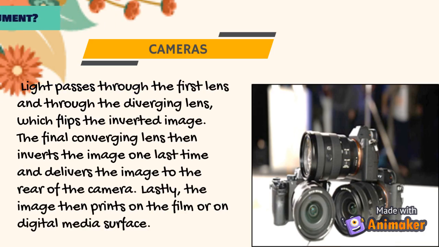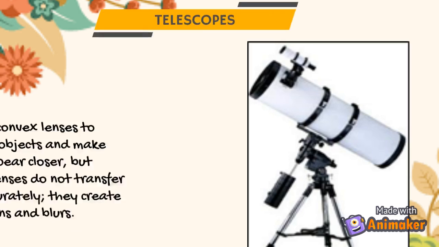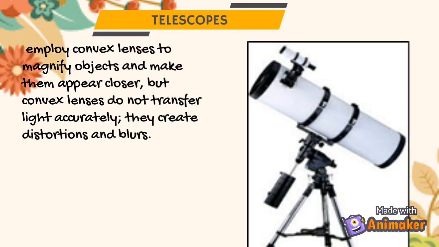Light passes through the first lens and through the diverging lens, which flips the inverted image. The final converging lens then inverts the image one last time and delivers the image to the rear of the camera. Lastly, the image is printed on the film or on the digital media surface.